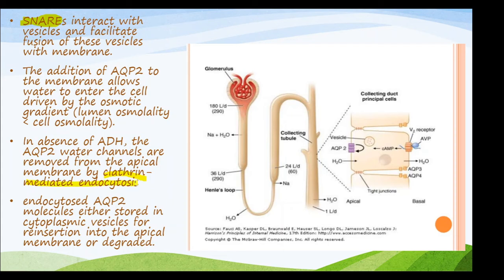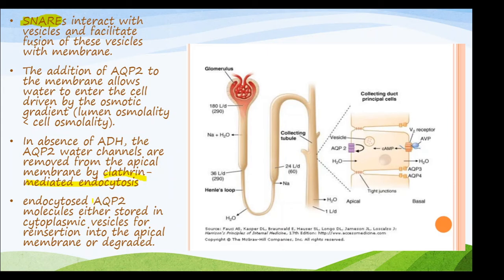What you have to understand is that AQP2 is a protein which can form a water channel on the apical membrane, which helps in reabsorption of water based on the osmotic gradient. When AQP2 is absent, the water channels are absent and water cannot be reabsorbed. So AQP2 water channels are removed with the help of clathrin-mediated endocytosis.